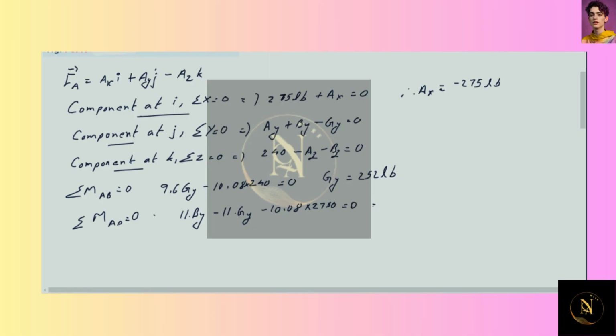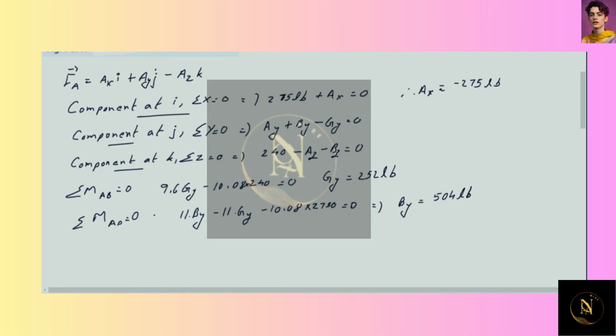From here we got the value of Gy. Substituting the value of Gy in this equation gives the value for By, which will be 504 lb. Let's name this equation number 1, and this one equation number 2.